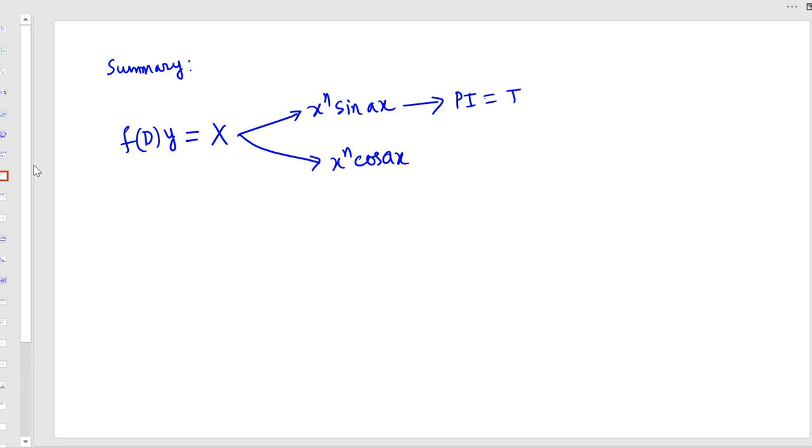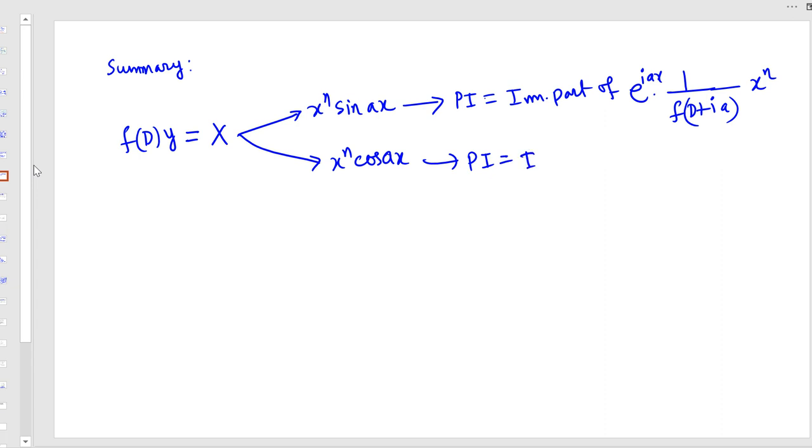don't forget to write, the imaginary part of 1 by e to the power I ax, I into a, into x to the power n. Similarly, for this pi will be the real part. In this case, real part.